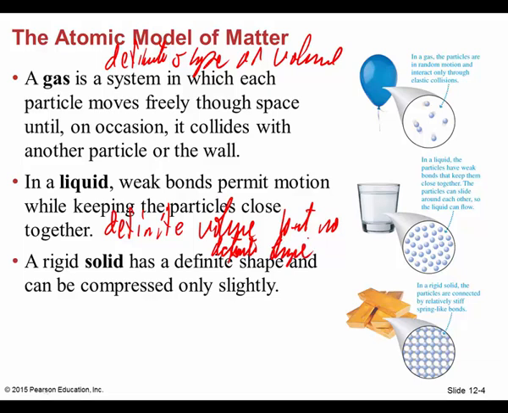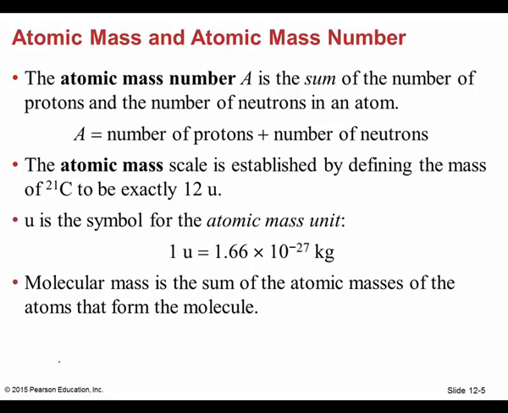And then solids have a definite shape and a definite volume. Now they do say they can be compressed somewhat, but for the most part they have a definite shape and definite volume.